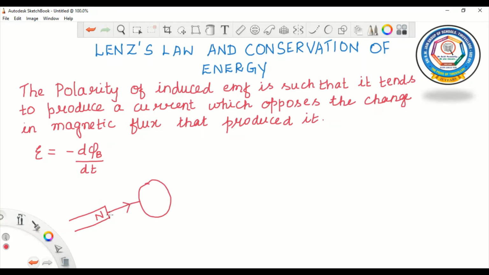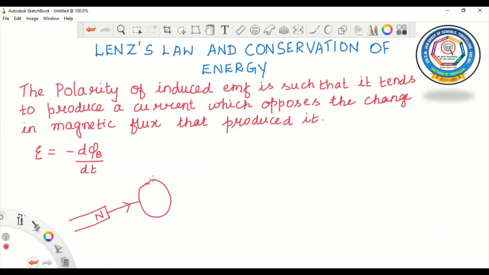As the north pole of the bar magnet moves towards the coil, the magnetic flux through the coil increases. Hence, current is induced in the coil in such a direction that it opposes the increase in flux. This is possible only if the current in the coil is in a counterclockwise direction with respect to an observer situated on the side of the magnet.